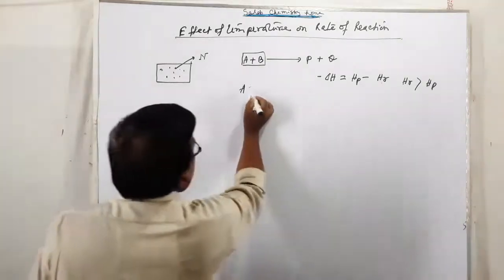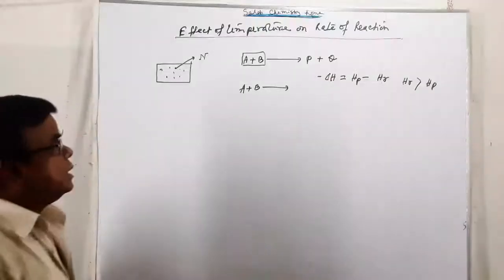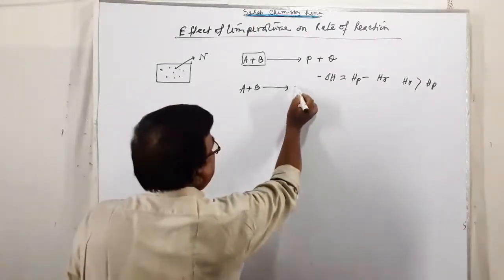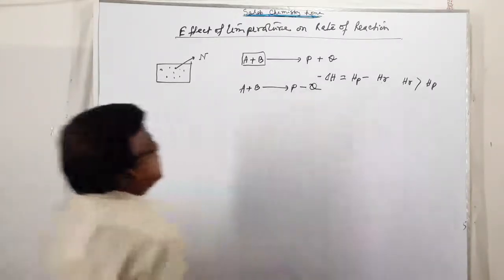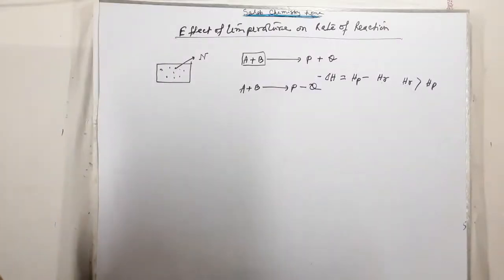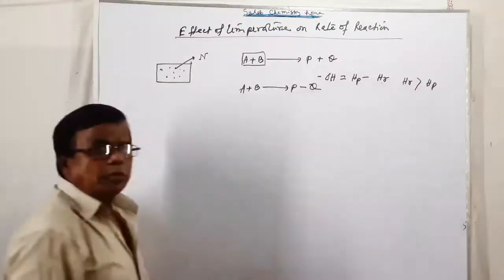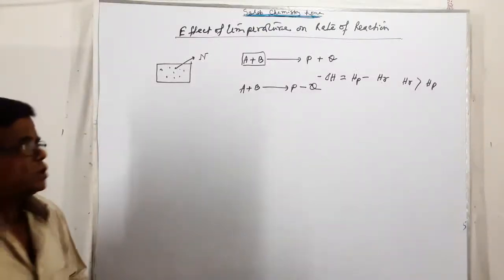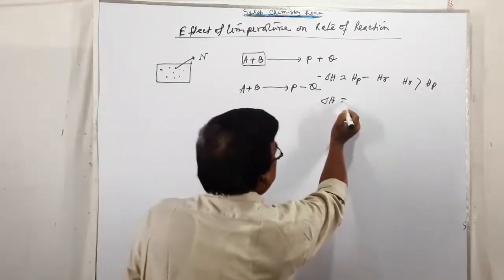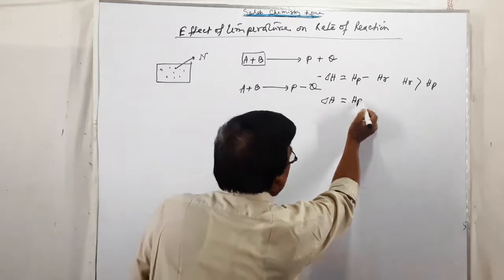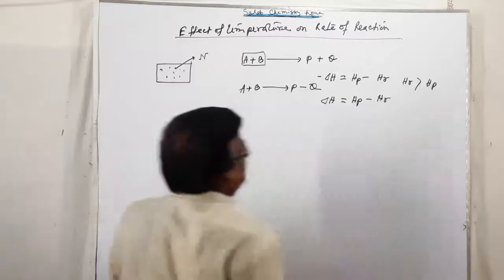In the case of endothermic, A B gives product with an amount of heat absorbed for the reaction, that is an endothermic reaction. In this case, change of enthalpy is equal to total enthalpy of the product minus total enthalpy of the reactant.